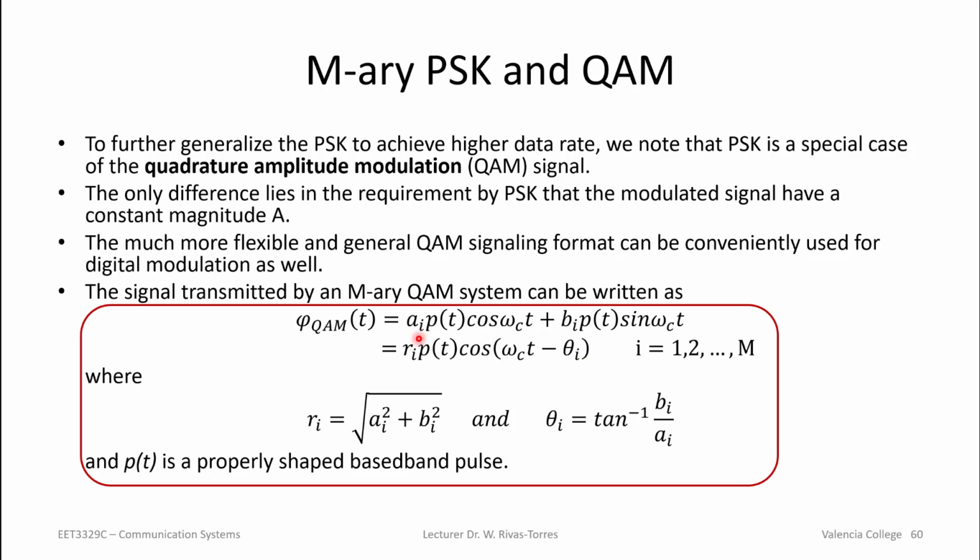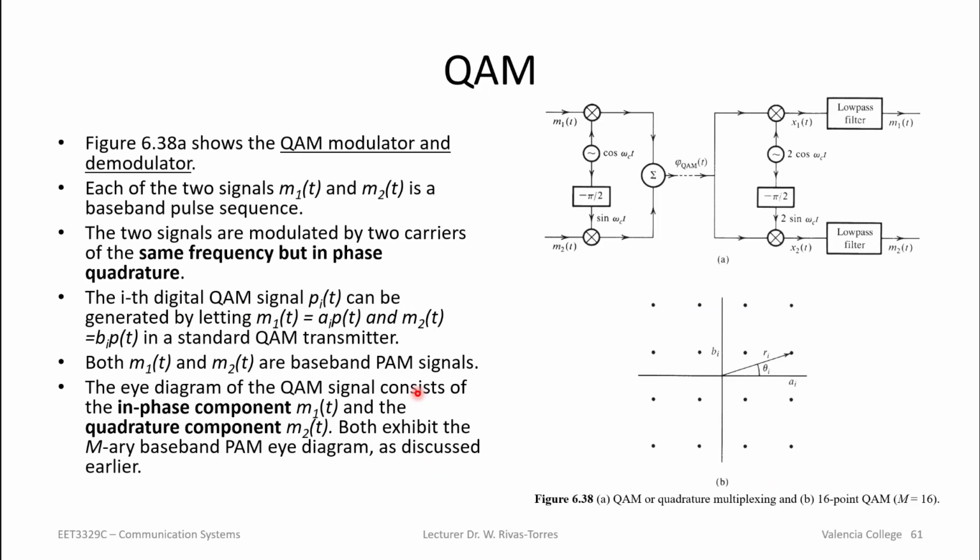And we can also express it instead of real and imaginary, A of i and B of i, as magnitude R of i and phase phi of i. And this is how those numbers relate to each other, right? And remember, your p of t, the pulse, can be a properly shaped baseband pulse, like a raised cosine filter, okay?